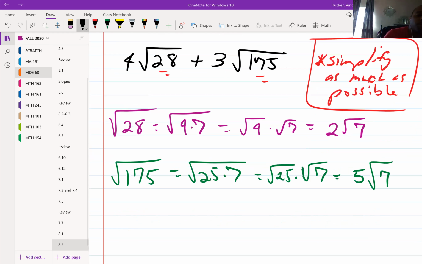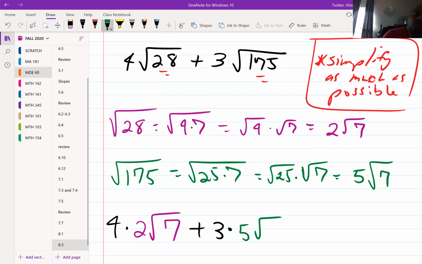All right, so that's going to be 4 times 2 square root of 7. Let's do it like this. Plus 3 times 5 square root of 7. So we just took the pieces that we broke down and put them back into the original problem.